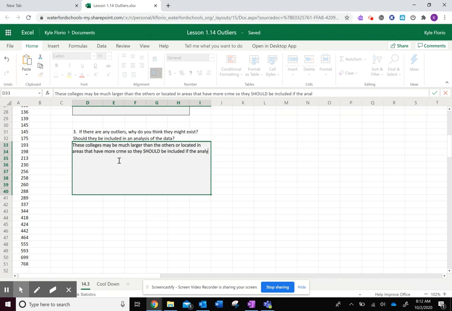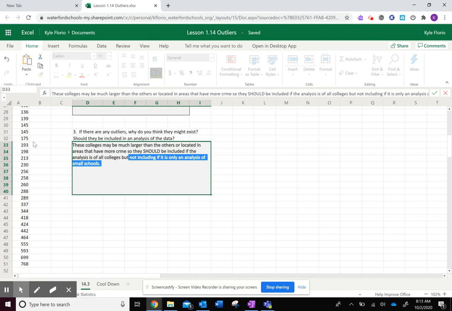The analysis is of all colleges, not including if it's only an analysis of small schools. So this last part right here should not be included. What do you say? Analysis is of all colleges, but not included if it's only, yeah, right.